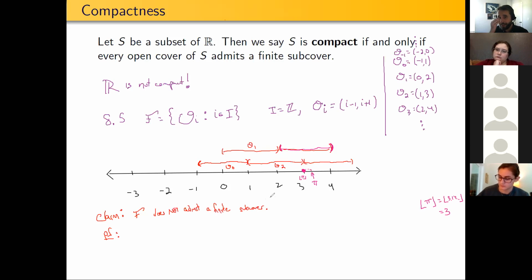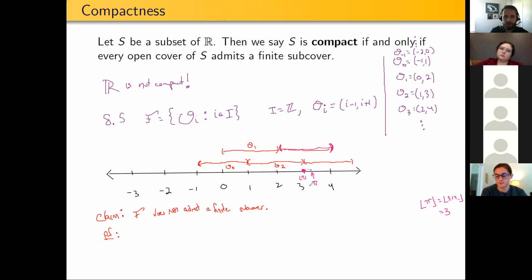Okay, and I think Joe's answer was at the heart of this, which is that somehow the fact that the real numbers are infinite plays a role here.